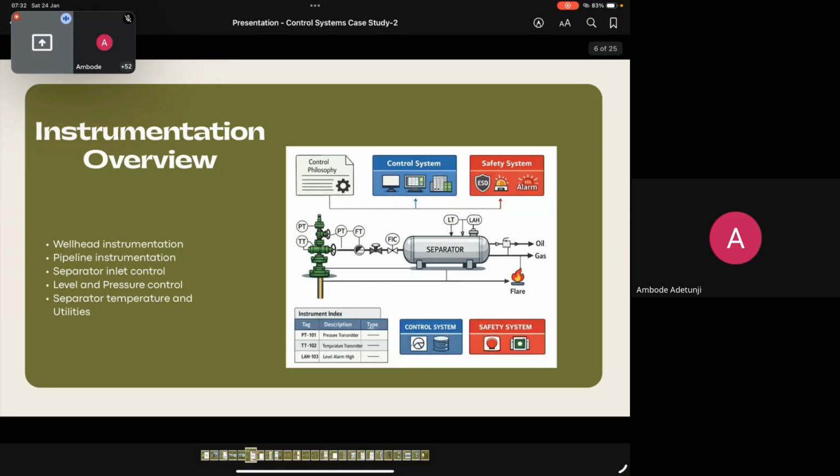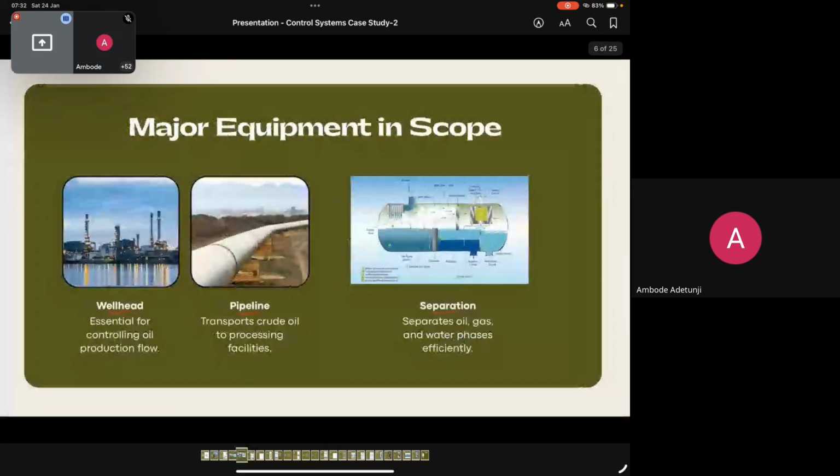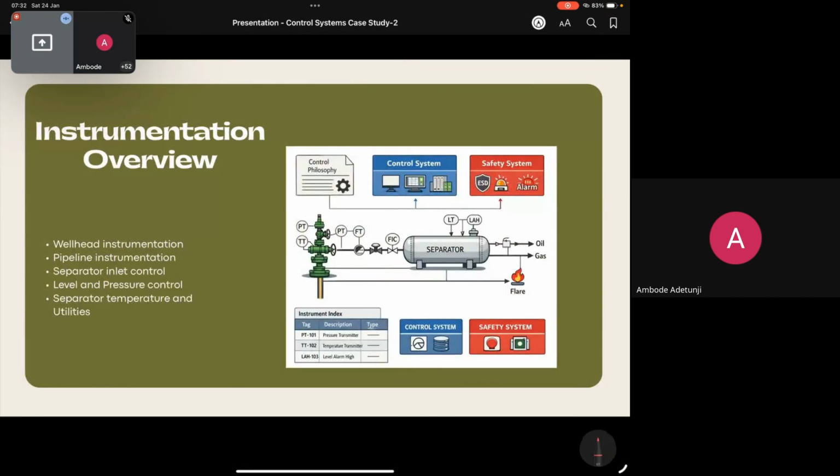So we need instrumentation on the wellhead. We will need instrumentation on the pipeline. We will need instrumentation at the inlet. This is the inlet of the separator. On the separator itself, we will need level and pressure instrumentation and control.